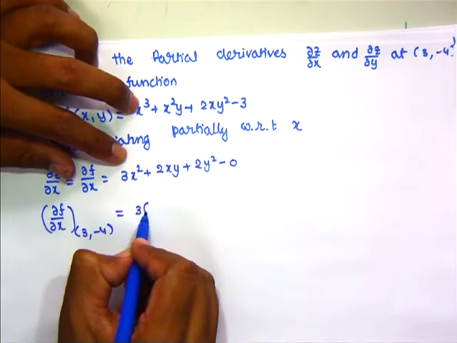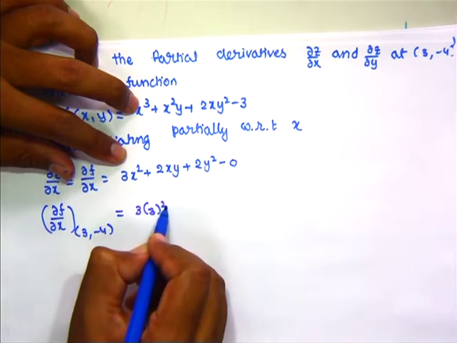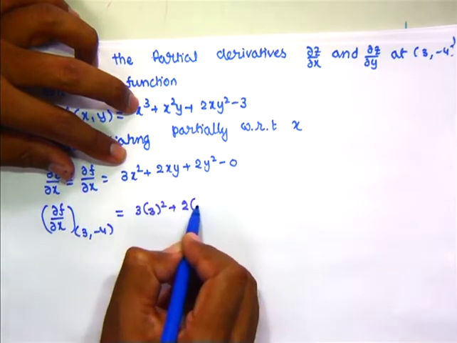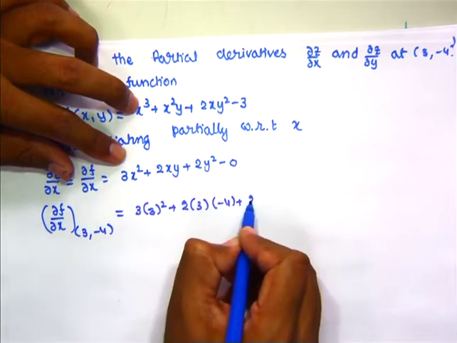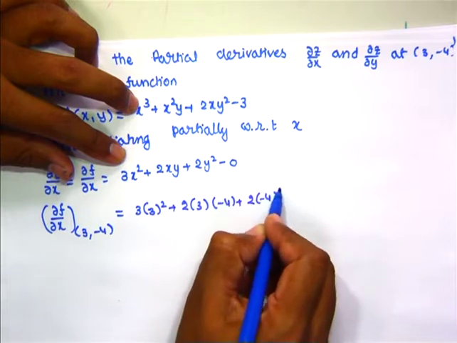So 3 into 3 square plus 2 into 3 into -4 plus 2 into -4 square.